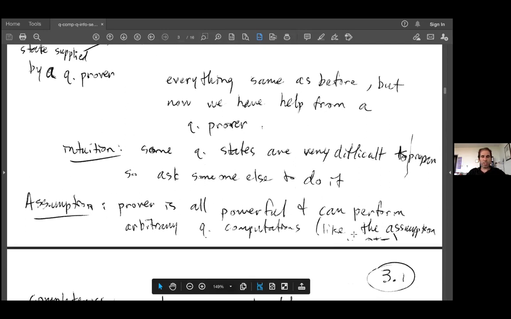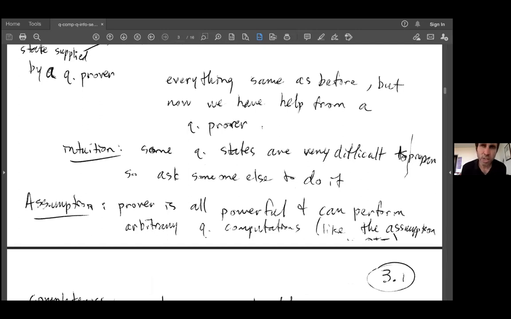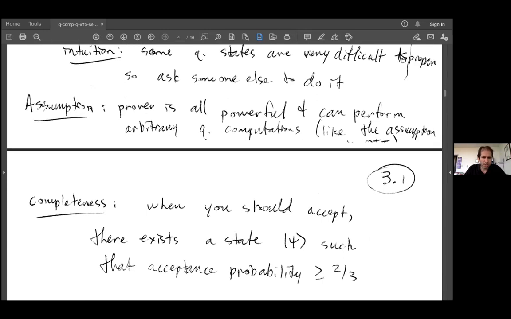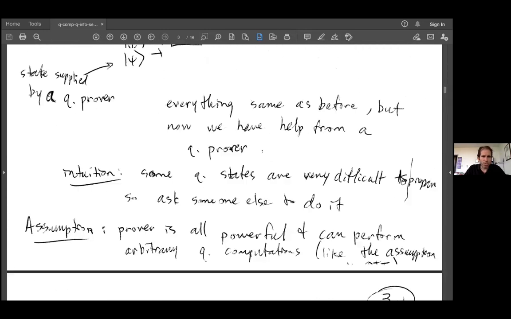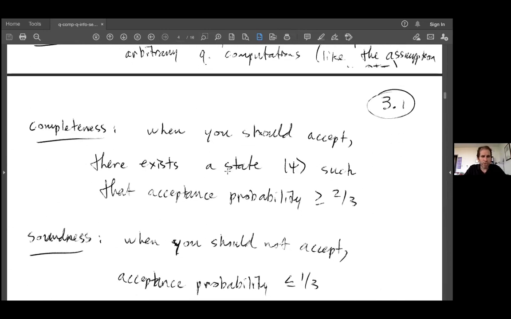And this is like the assumption in quantum information theory, when we're analyzing channel capacities or distillable entanglement, we make no restriction on the quantum computations that can be performed, just to simplify the theory. Okay, so with QMA, we also have completeness and soundness.